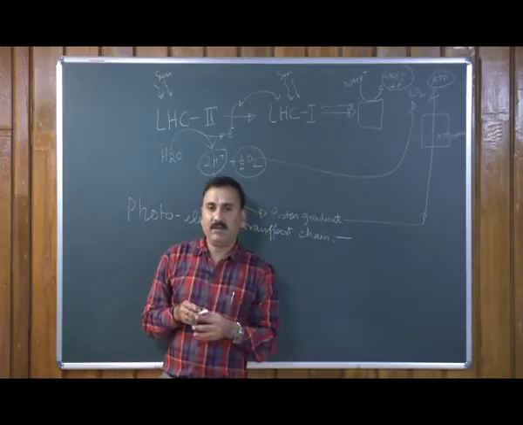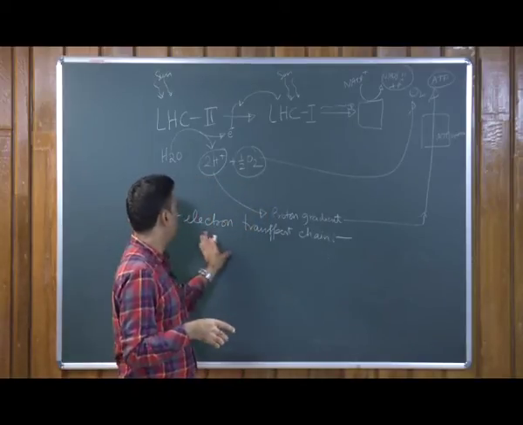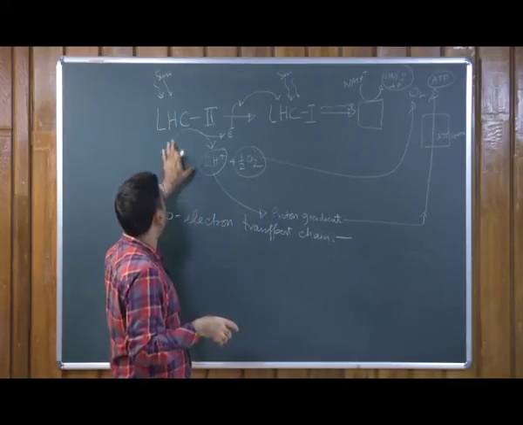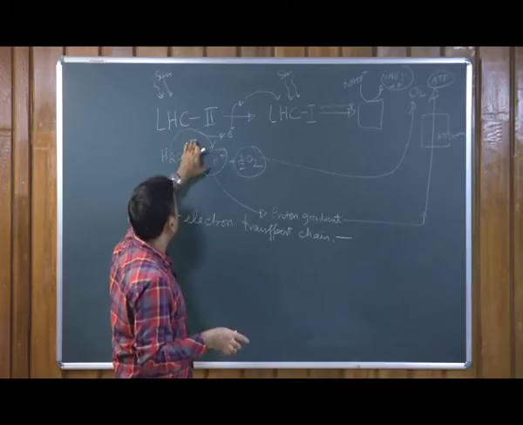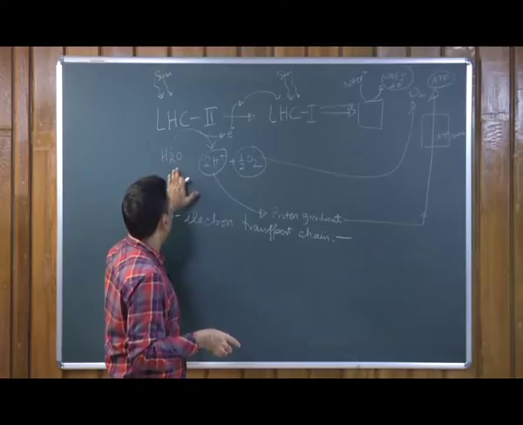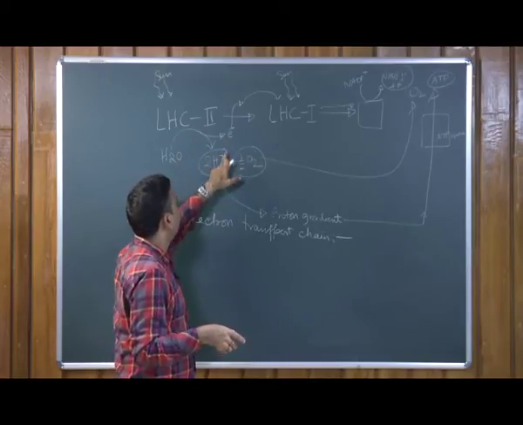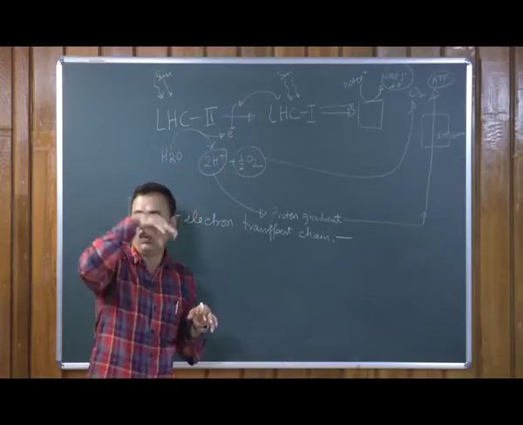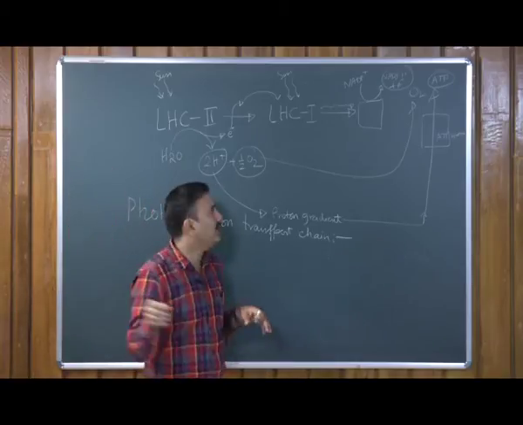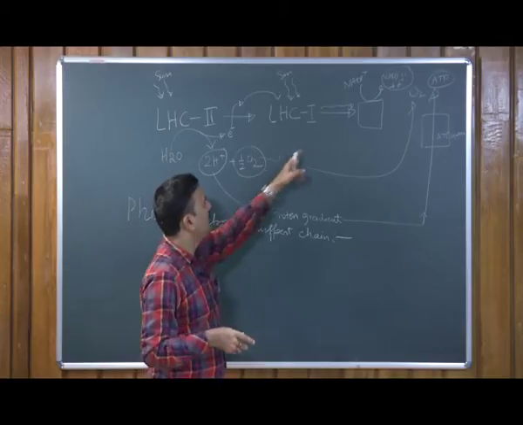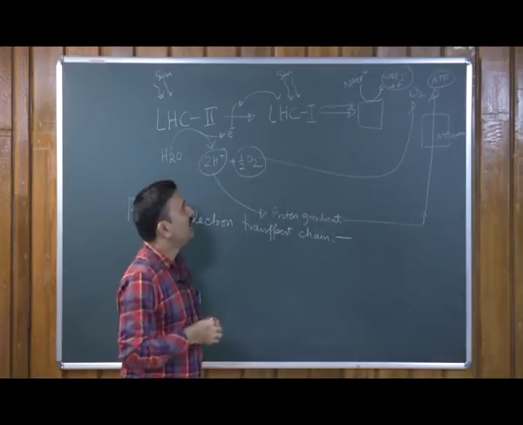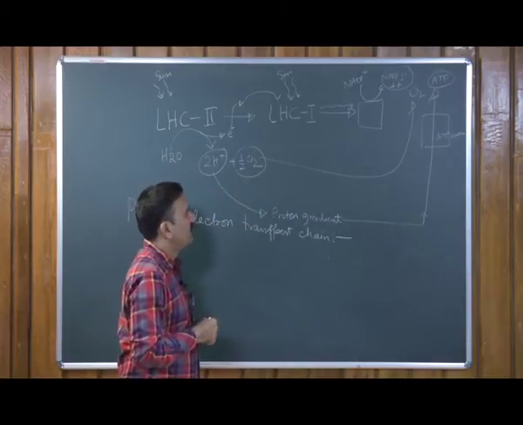Okay. So, in the photosynthetic electron transport chain, the light is exciting the light harvesting complex 2, that is actually lysing the water to release the electron, and that electron is going through several electron carriers and then ultimately going to the light harvesting complex 1, and ultimately it is reducing the NADP plus to NADPH.